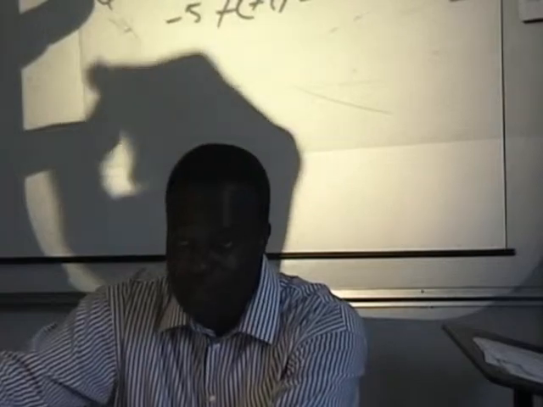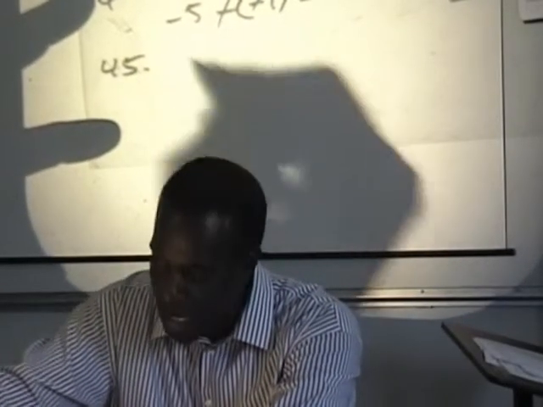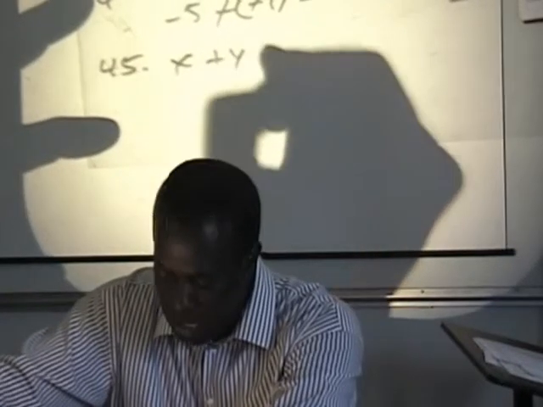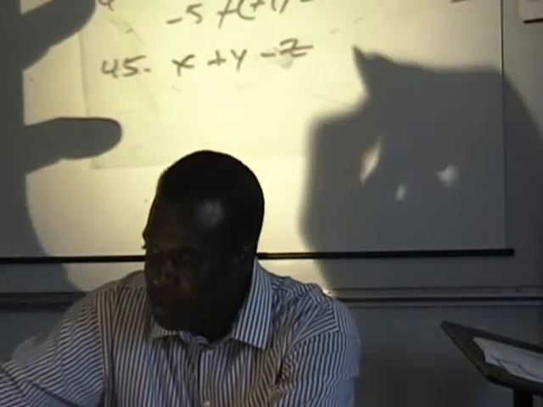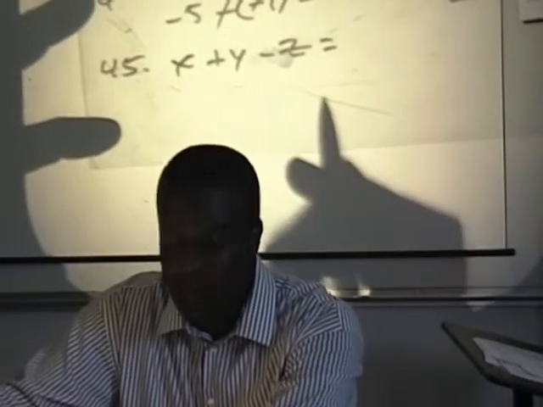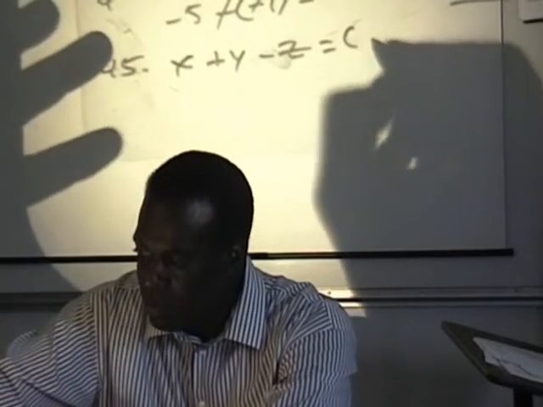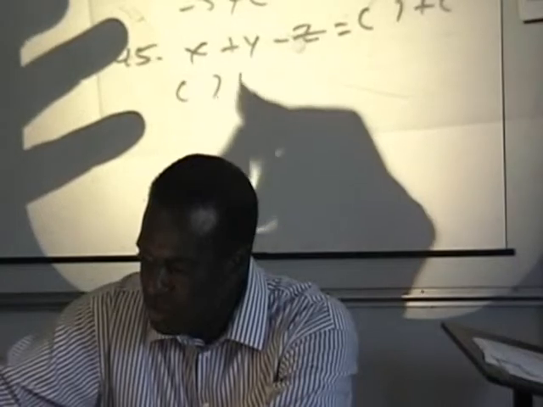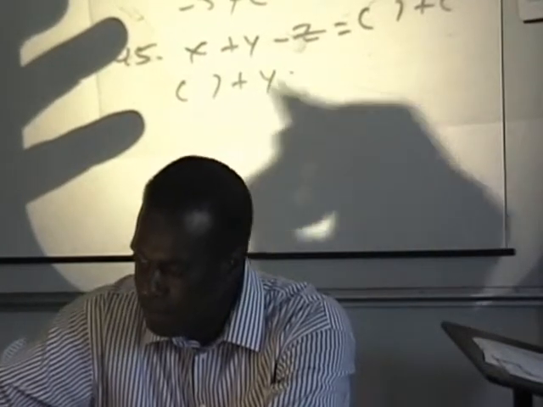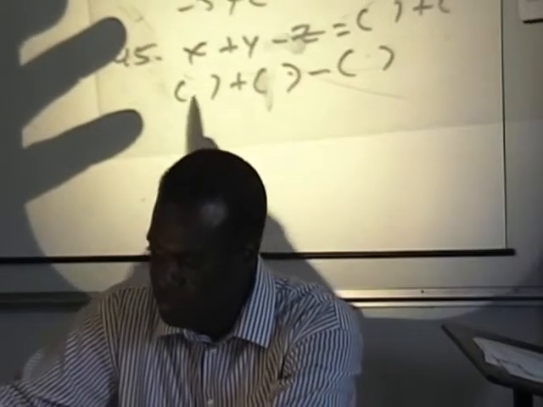Okay, am I going too fast? Let's go to number 45. 45, we have x plus y, minus z. Okay, replace the x, y, and z with parentheses, and you're just going to plug them in. X plus y, minus z.